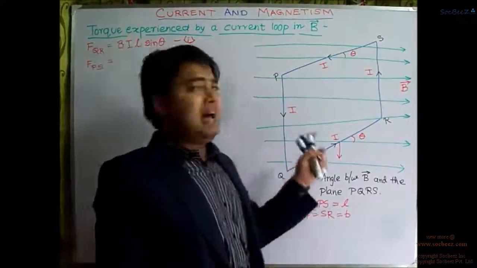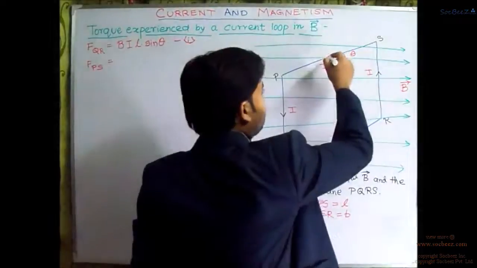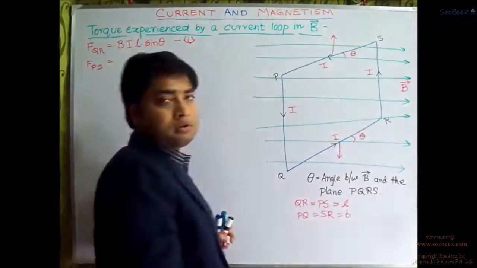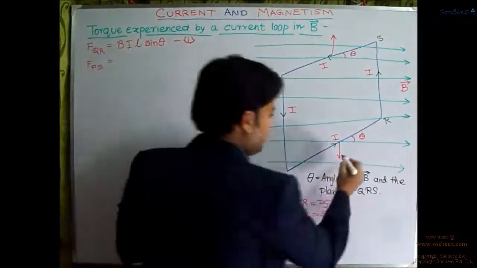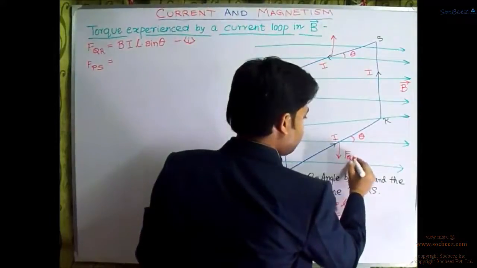The force on PS, if we apply Fleming's left-hand rule, we shall find over here that this will be in this direction, right? We can write this as F_QR.